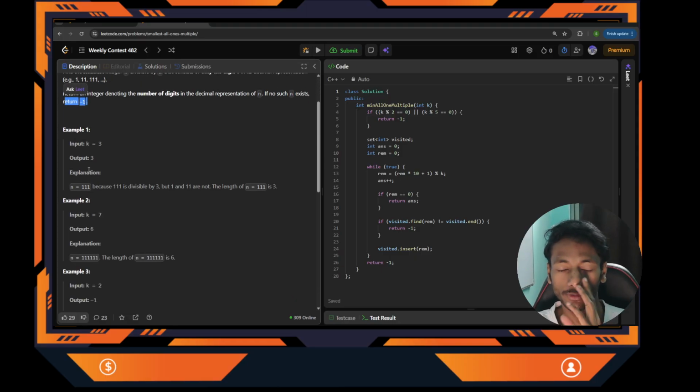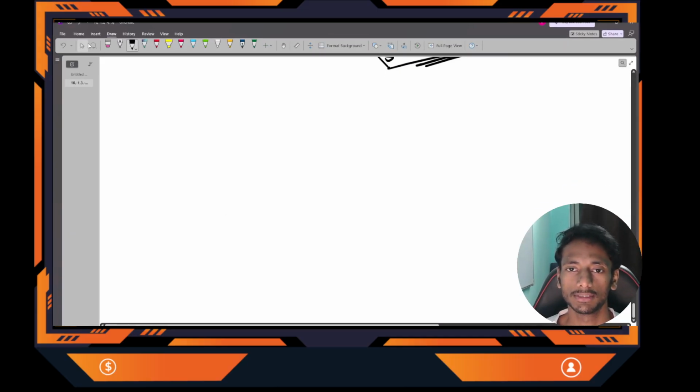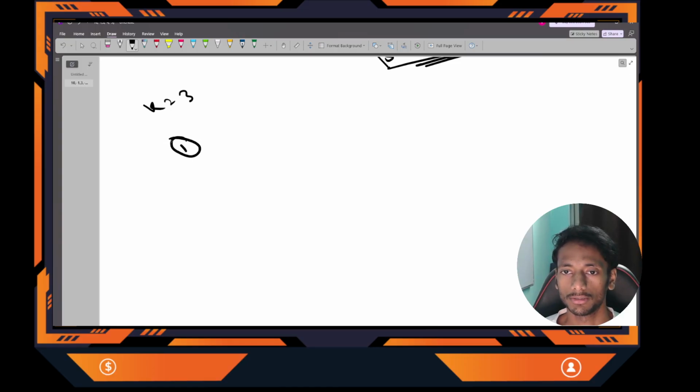Suppose in example 1, the k value is 3. That means we have to find the length of the number which consists of only the digit 1 and is divisible by k. So k is 3. The smallest number is 1. 1 modulo 3 is not 0.